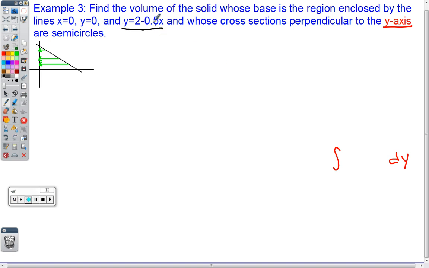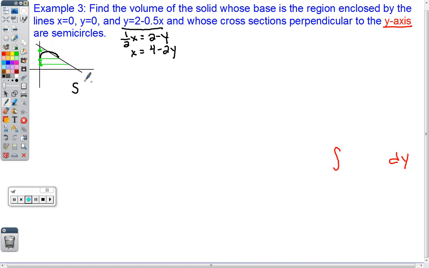Not too bad. So we flip this around, and I hate decimals, we're going to have 1/2 x equals 2 minus y. And multiply by 2, x equals 4 minus 2y. Same concept. So my first job is to find one side length, right?